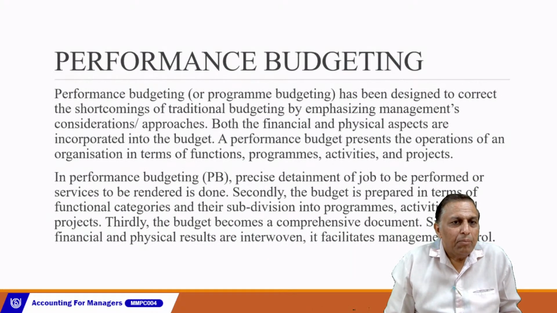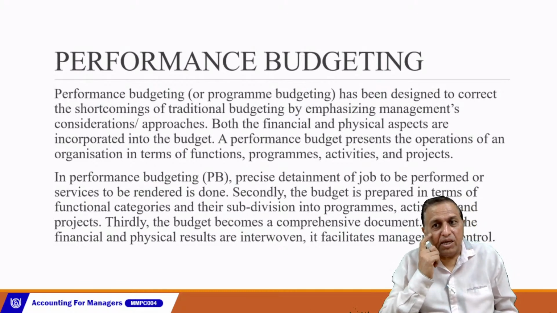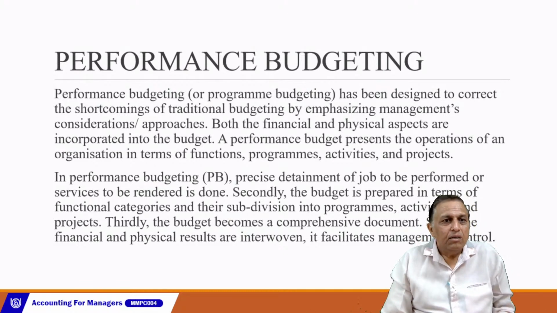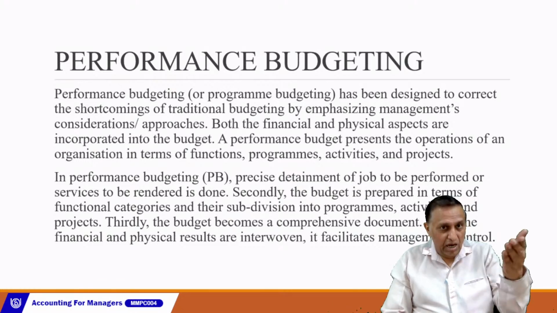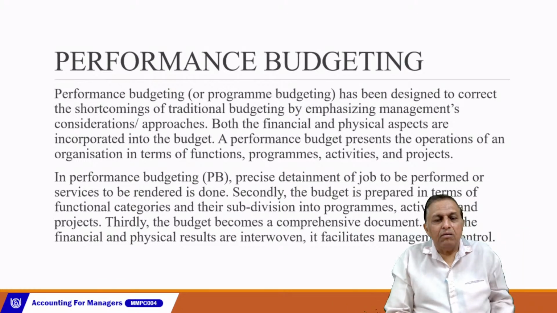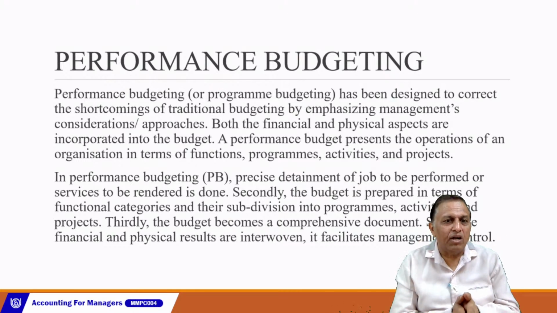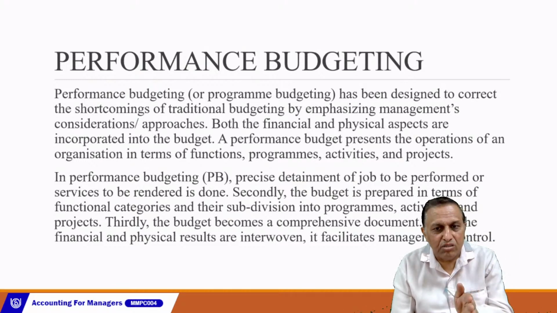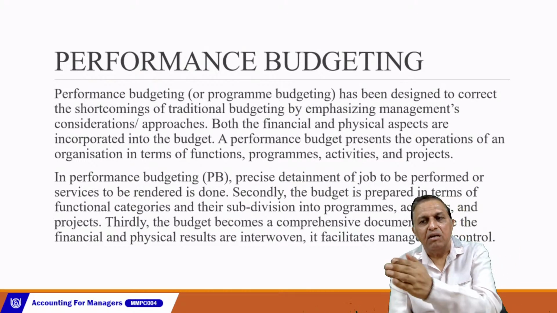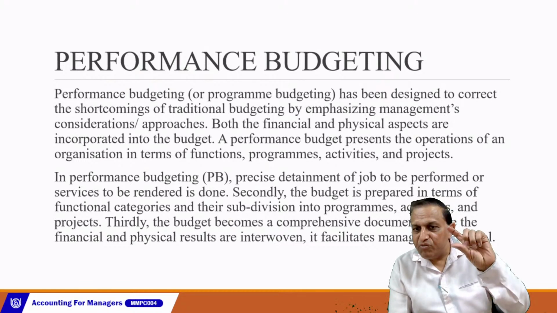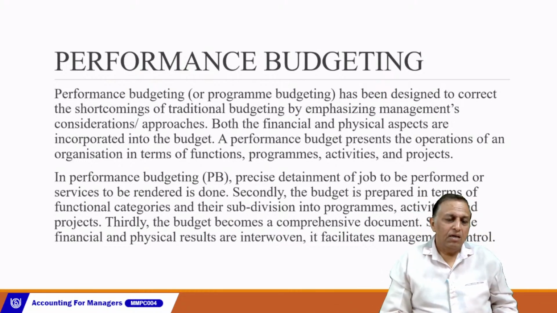Performance budget. Performance budget or program budgeting has been designed to correct the shortcomings of traditional budgeting by emphasizing management's consideration approaches. Both the financial and physical aspects are incorporated into the budget. I told you a little earlier that the performance budget presents the operations of an organization in terms of its functions, programs, activities, and projects.